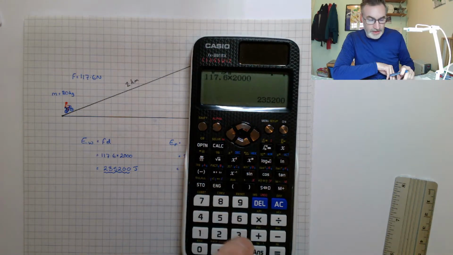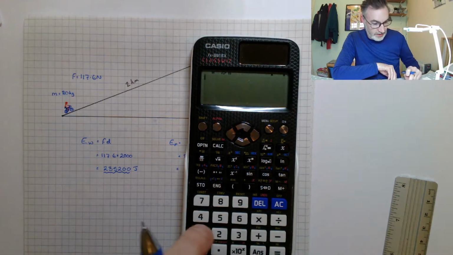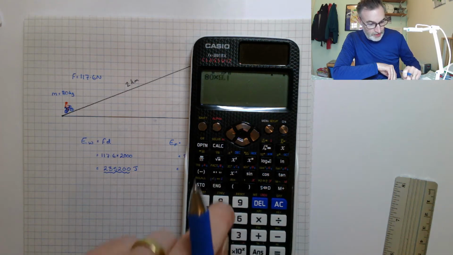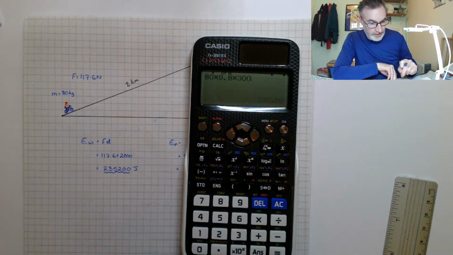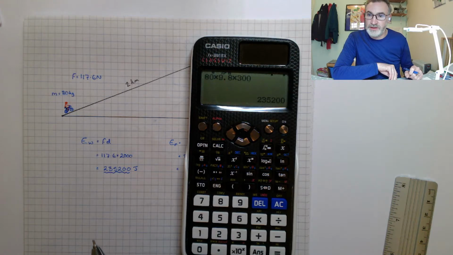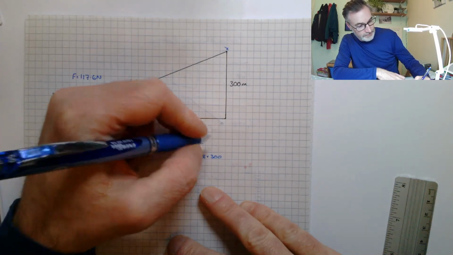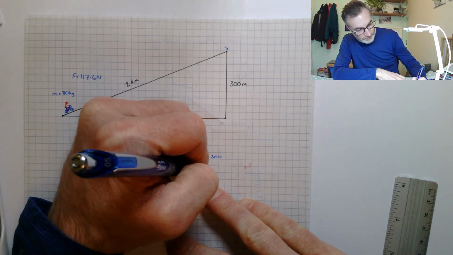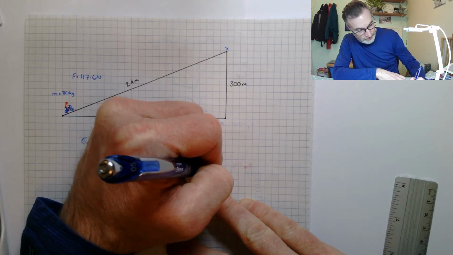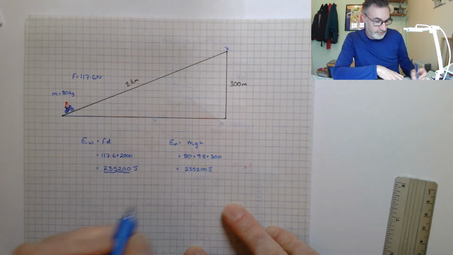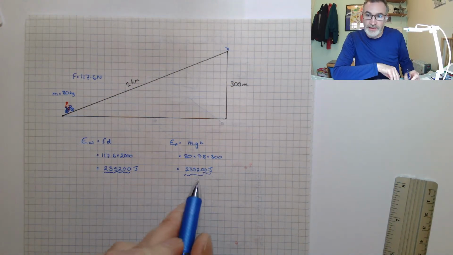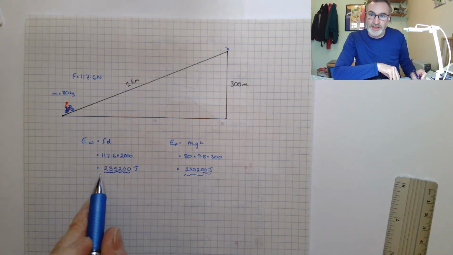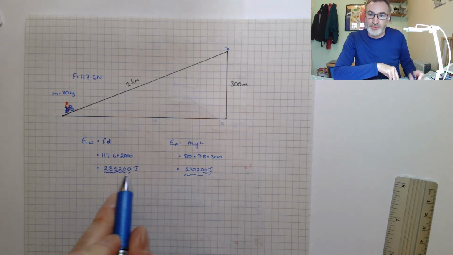And if we work this out, then we'll have 80 times 9.8 times 300, and we will have 235,200 joules. Again, I wouldn't leave it as that number, but just to show you that these are both the same numbers.